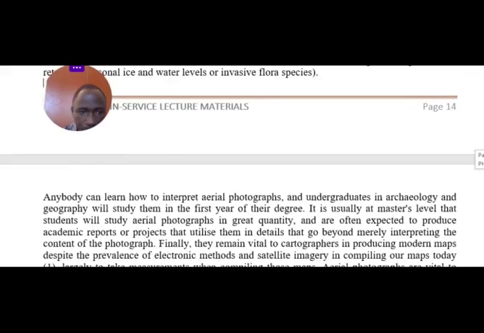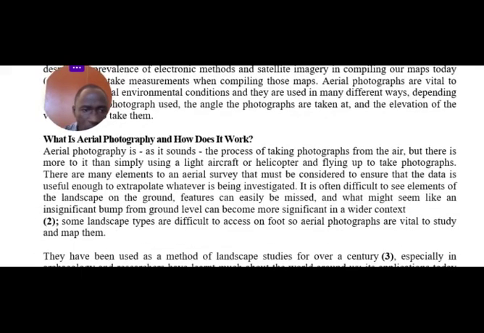When we go on, we have what we call the aerial photographs. I've been talking about the aerial photographs. These aerial photographs are taken above the sky, and they are taken using what we term as the aeroplanes, or they are taken using air balloons or drones. Most recently, the drones that we usually see.